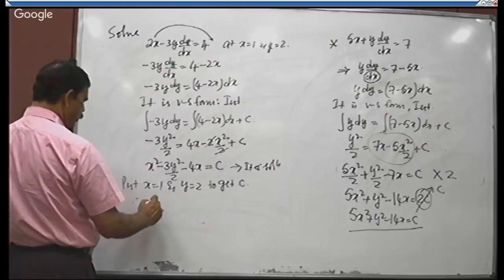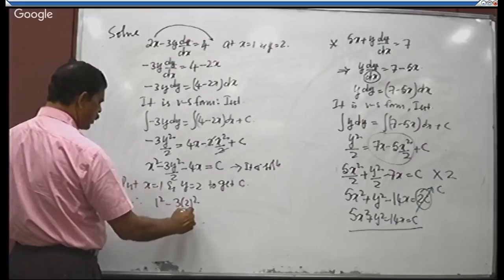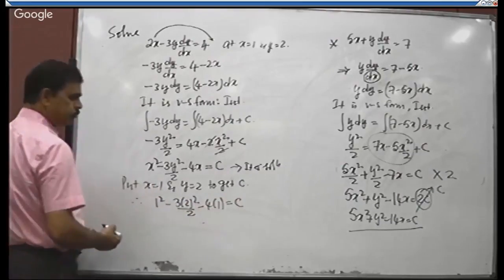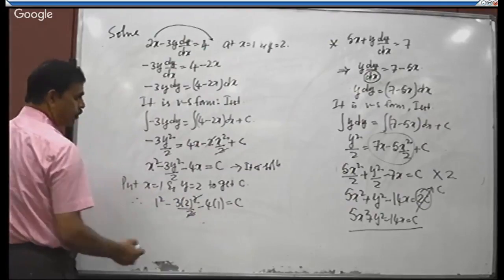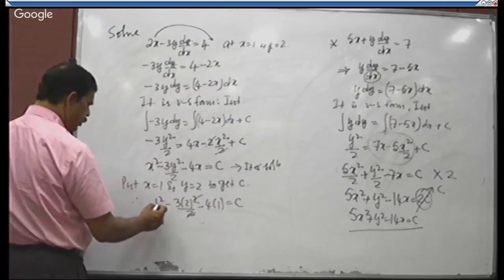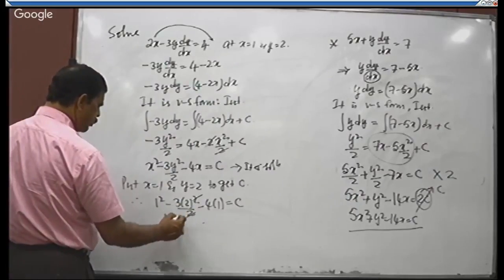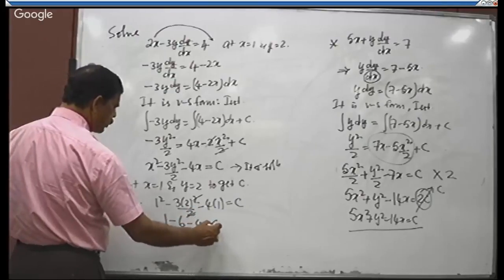Therefore, 1 square minus 3 into 2 square divided by 2 minus 4 into 1 is equal to c. 2 gets cancelled, correct? 2 square is 4, 4 by 2 is 2. 1 square is what? 1. 1 minus 3 into 2, 6, minus 4 into 1, 4 is equal to c.